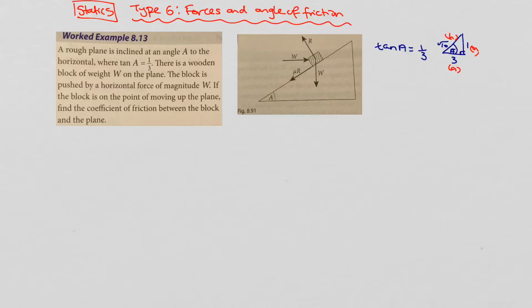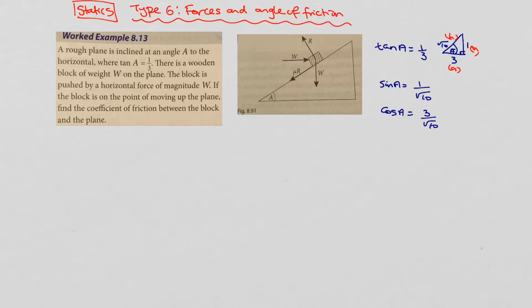So sine A equals 1 over root 10 and cos A is equal to 3 over root 10. That will come in useful in a few minutes.